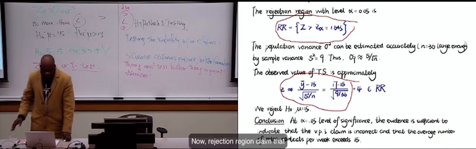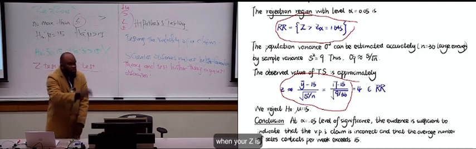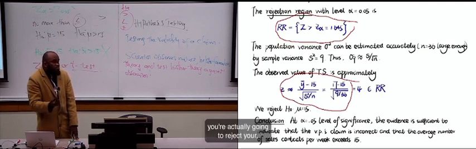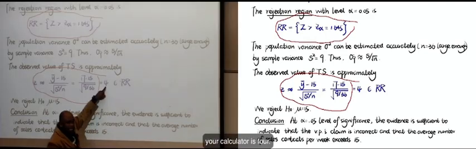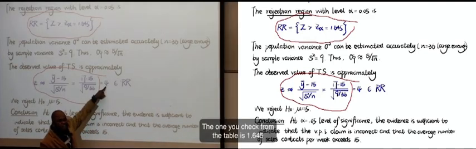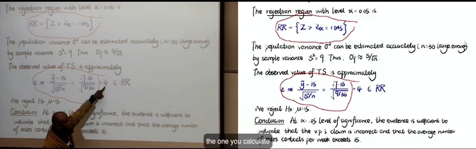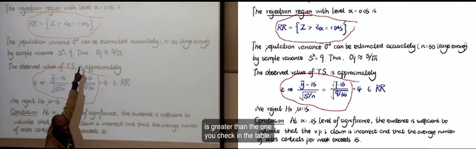Now, the rejection region claims that when your Z is greater than the one you check in the table, you're going to reject H0. Your calculated Z is 4. The one you check from the table is 1.645. The one you calculate is greater than the one in the table.